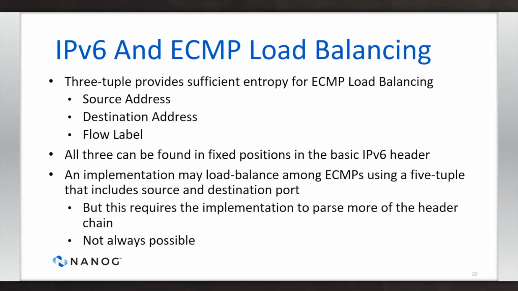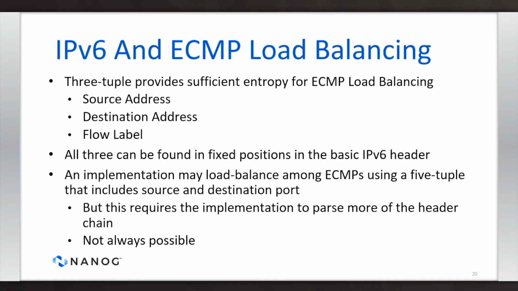But before we go there, let's talk about IPv6 and ECMP load balancing. There's a 3-tuple that provides enough entropy for ECMP load balancing: the source address, the destination address, flow label. These 3 can be found in fixed positions in the IPv6 header. They're in that basic header. So if you're going to do load balancing on those 3, it's really nice to have them in a fixed position at the beginning of the packet.